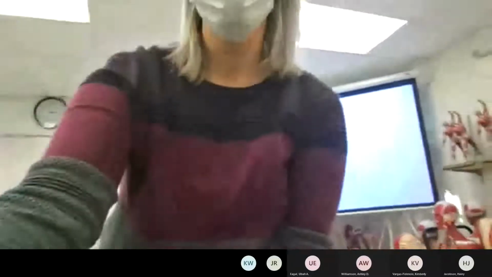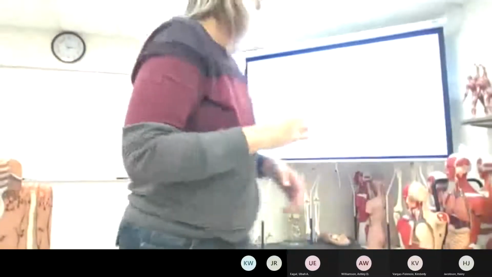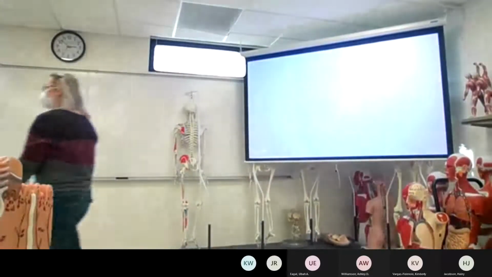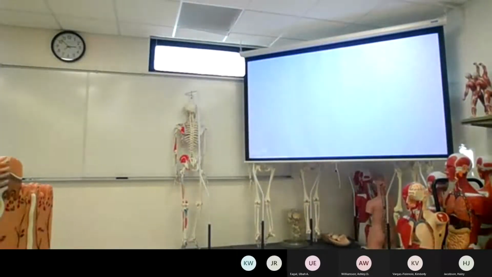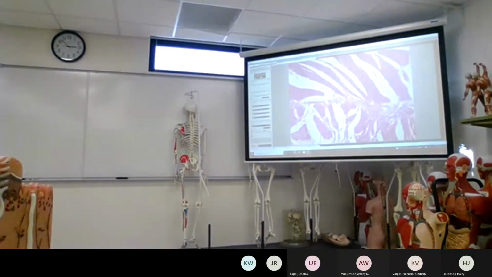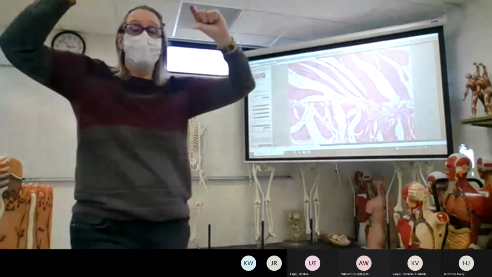So when you're looking for smooth muscle, you usually want to find tubes. Usually there are going to be two layers of them.